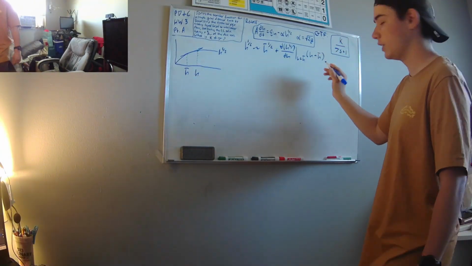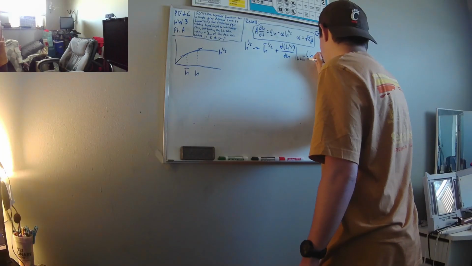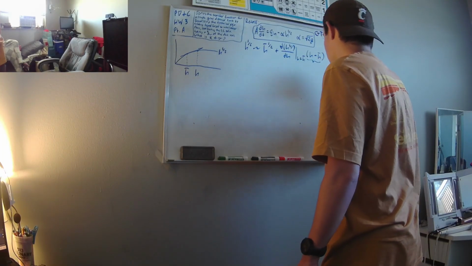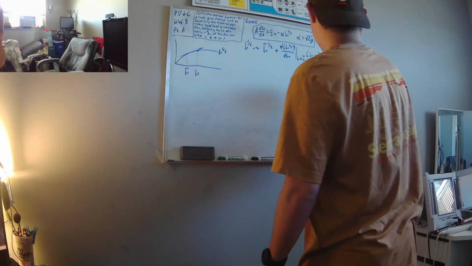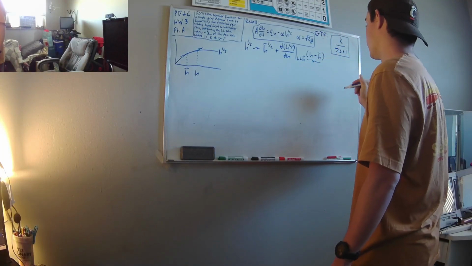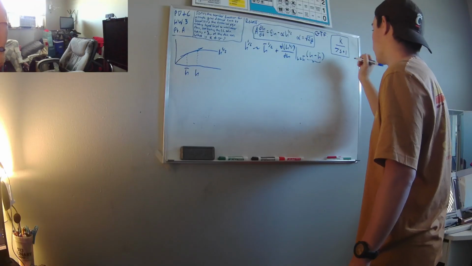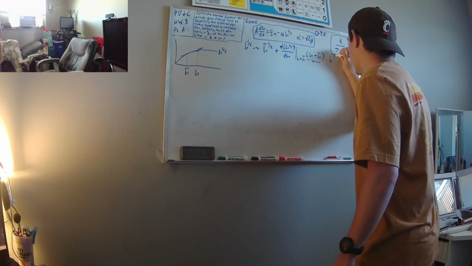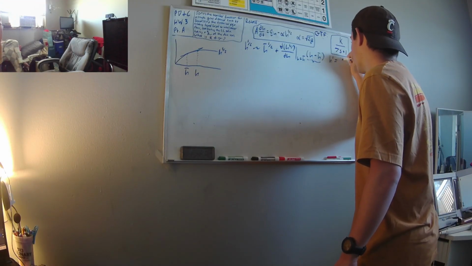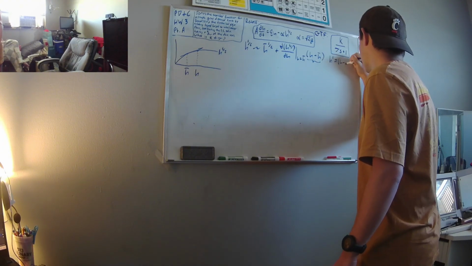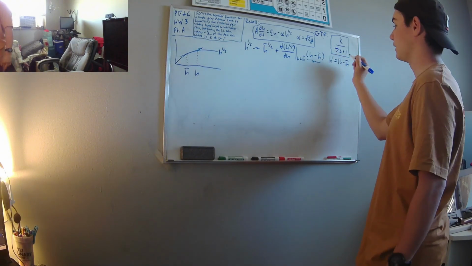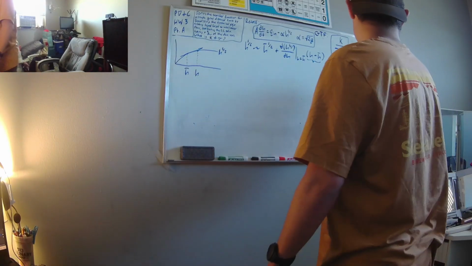And this little part here, this h minus h bar, is going to be very important for linearizing this. And this is actually going to be our deviation variable, which we're going to call h prime. I'm going to end up subbing this into the equation in just a second here.